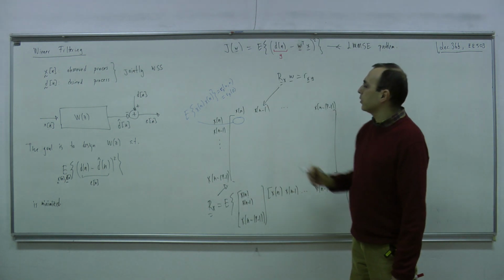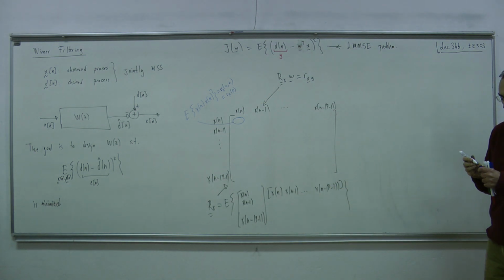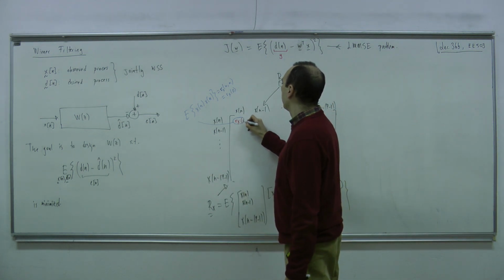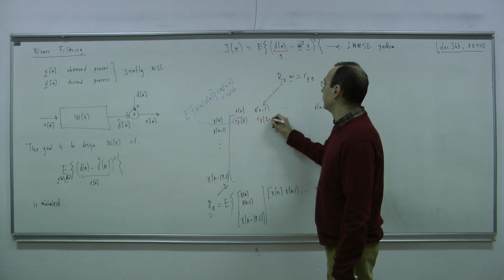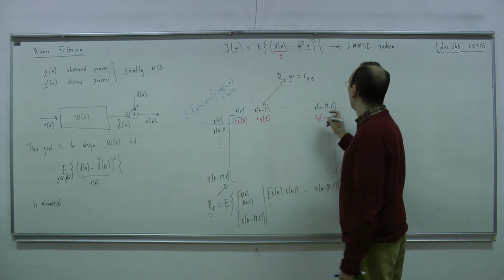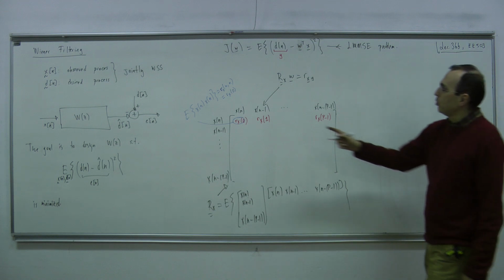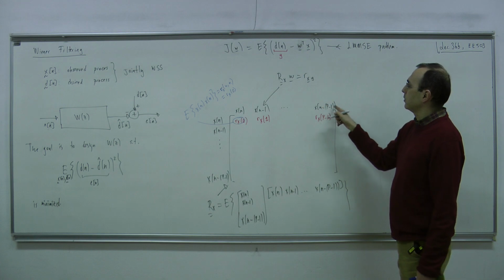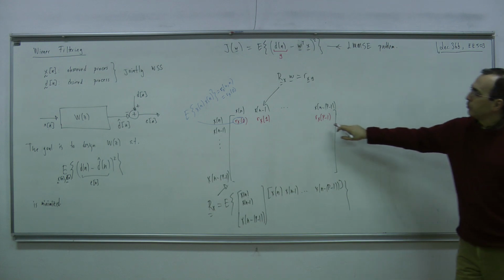This is two arguments, this is one argument, but if the process is wide-sense stationary, this can be written as a function of a single argument. So inside of this, R_x of 0. How about this one? This is R_x of 1, and so on up to R_x of p minus 1. The first argument minus the second argument is the argument of the autocorrelation.